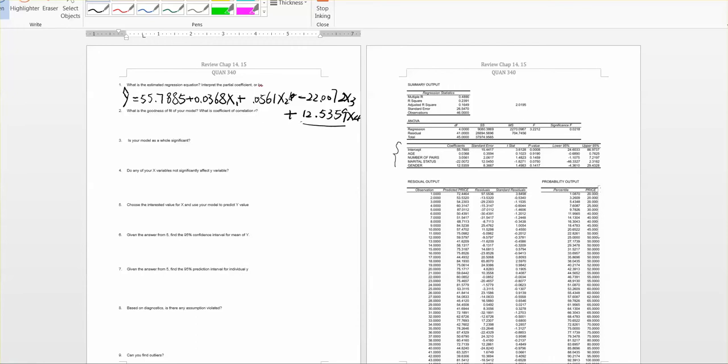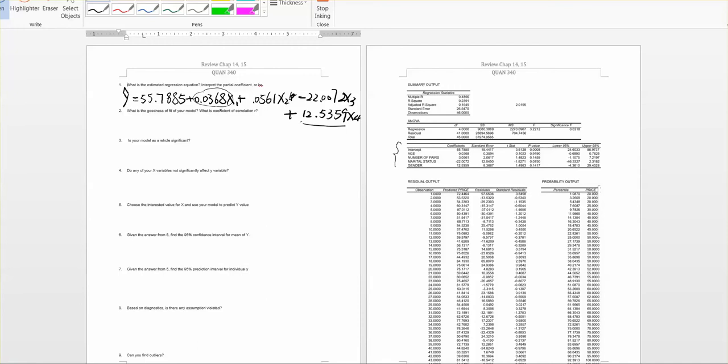Now, how can you interpret, for instance, the first coefficient, 0.0368? This is about age, so it is a quantitative variable. Interpreting this B1 is a little different compared with B4.